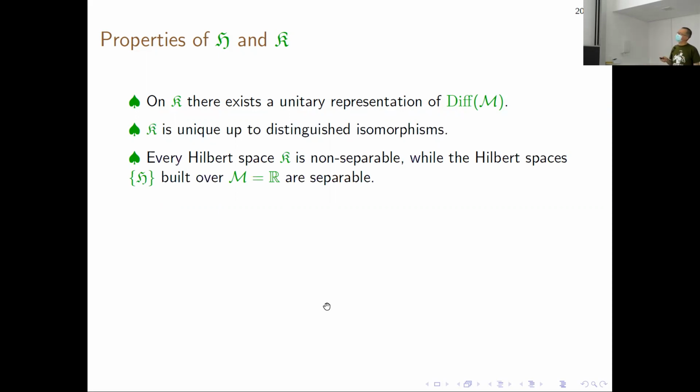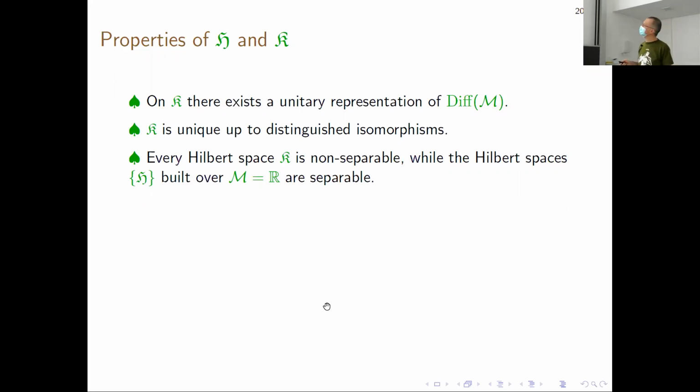And regarding these Hilbert spaces H, I managed to show that two Hilbert spaces built over a real line are separable. Why? Because here this is a one-dimensional manifold, and you have two signatures, 1, 0 and 0, 1.